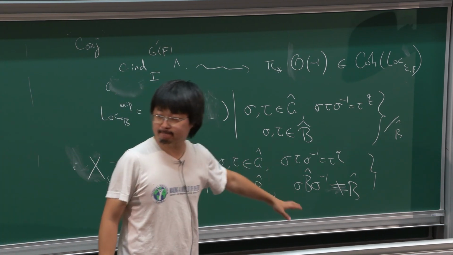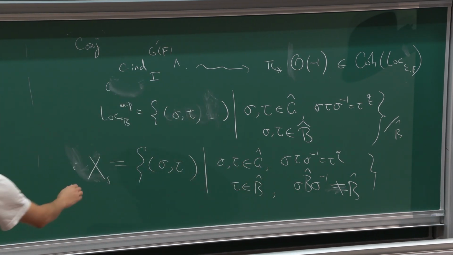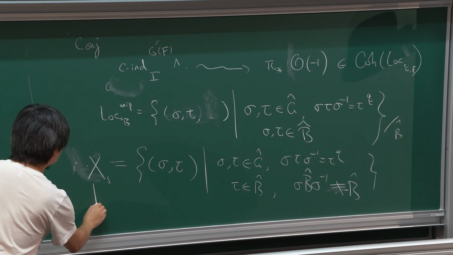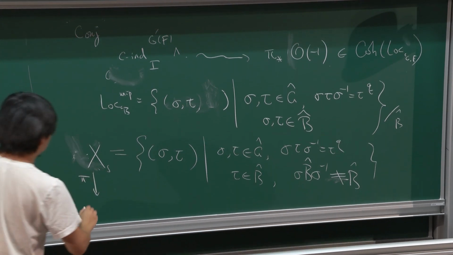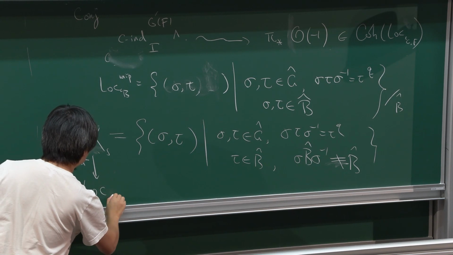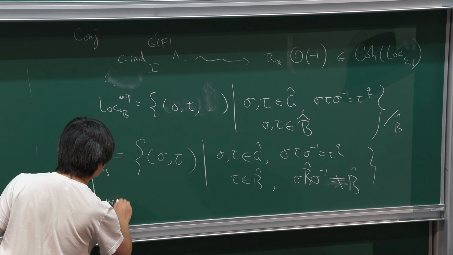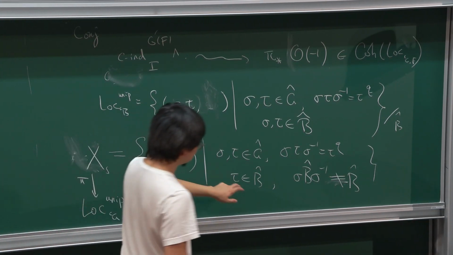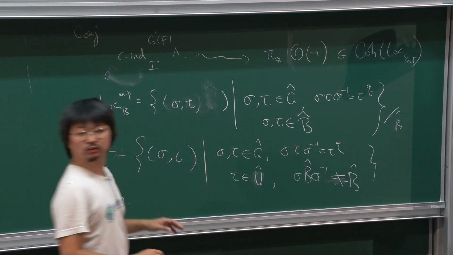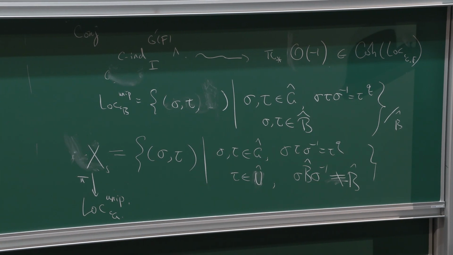Okay. So this, of course, is my pi map to G check, and actually just the unipotent part. Actually, because this is unipotent, I even want this to be in the unipotent radical.